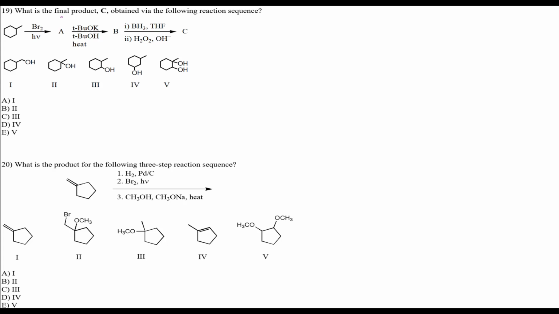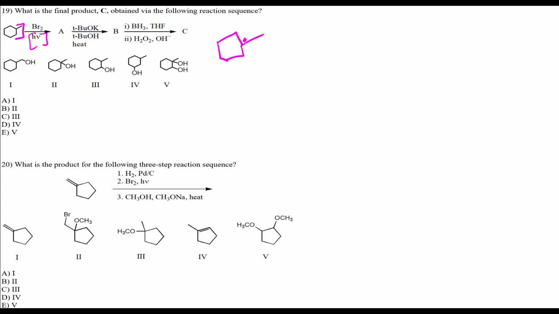Okay, so we're starting with this reaction, and we're going to be doing a radical reaction because we have hv, which tells me that we're doing something with light, and that means that it's a radical. So automatically, I should be forming a tertiary radical.